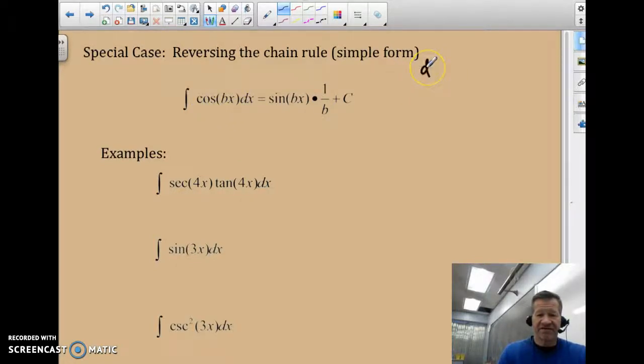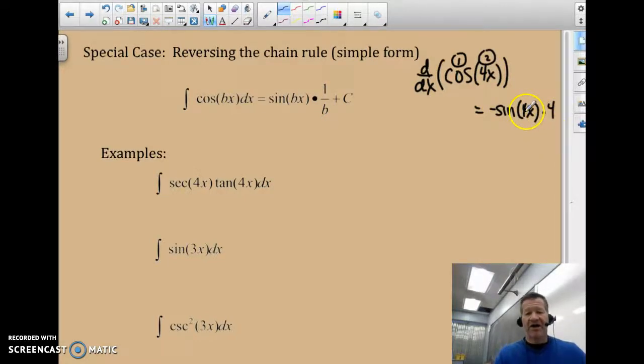So for example, let's say I had to find the derivative of cosine of 4x. We know that would be a chain rule because I have to differentiate the outside and then the inside. So the derivative of cosine we would say is negative sine of 4x, but then I would have to multiply that by the derivative of 4x, which is 4.